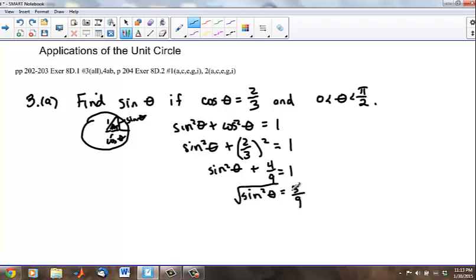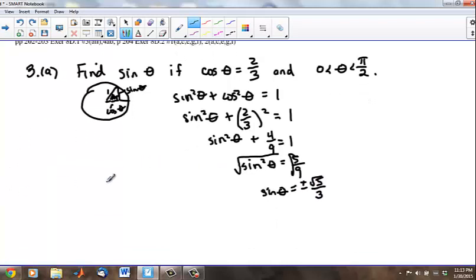The inverse of taking the square of a number is to take the square root. So sine of theta is equal to square root of 5 over 3, or we know there's a positive and a negative root. Now we have to take the second piece of information here, that theta is in between 0 and pi over 2, which means it's in the first quadrant.